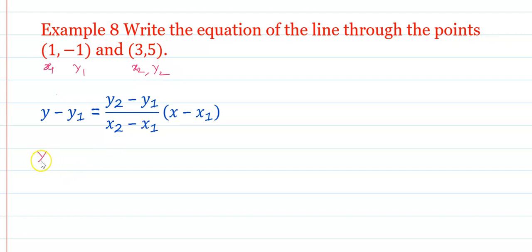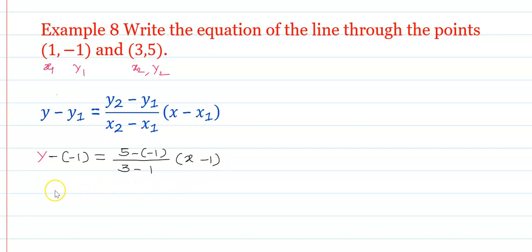Substitute the values. y minus y1, where y1 is minus 1, and y2 minus y1, where y2 is 5 minus (minus 1). This is divided by x2 minus x1, where x2 is 3 and x1 is 1, times (x minus x1), and x1 is 1.